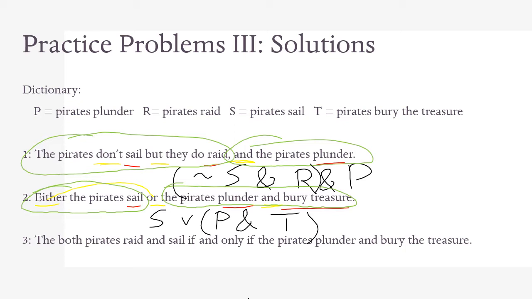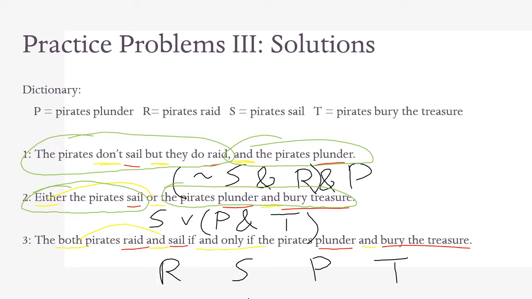Now, let's look at the third one. Same thing as before, raid, sail, plunder, bury treasure. So we have all four. So we have an R, S, P, T. Now we have a both and. We have an if and only if. We have another and.